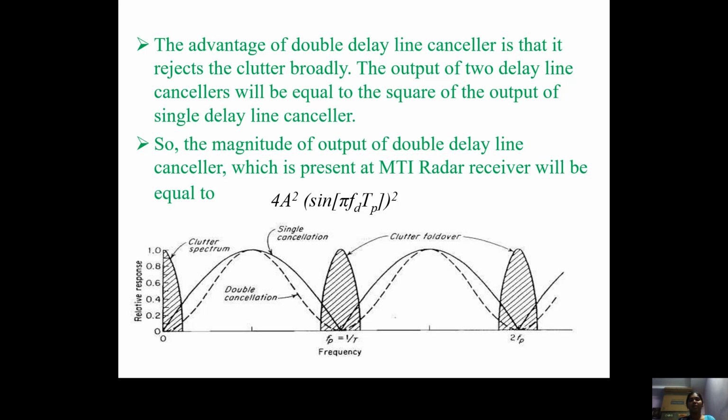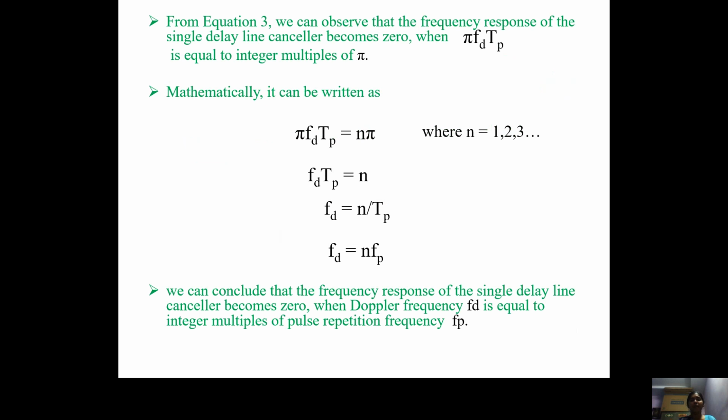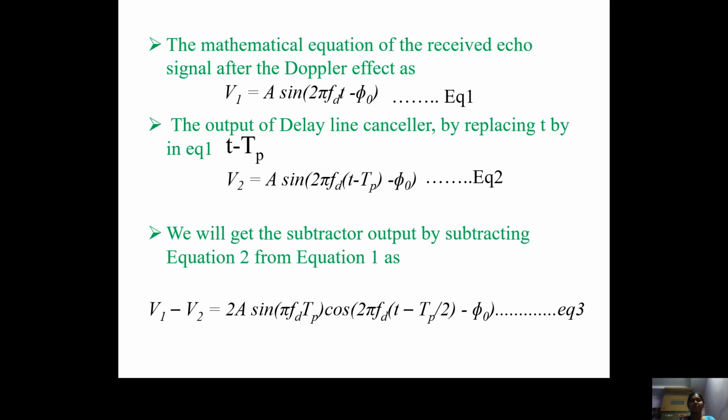If you see the output of the single delay line canceller, here you can see the difference voltage as 2a sin pi FDTP cos 2 pi FDT (T minus TP by 2). When we use two delay lines, for the sine value we are going to get sine square, that is 4a square sin square pi FDTP, and similarly cos square 2 pi FDT (T minus TP by 2). So the output will be the square of the input for each increase in the number of delay lines.